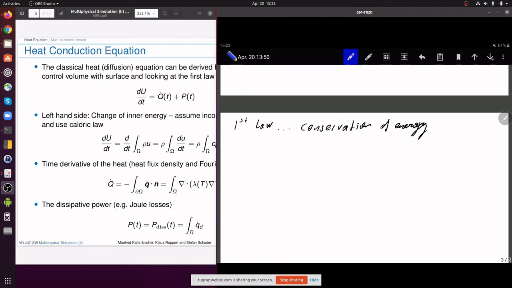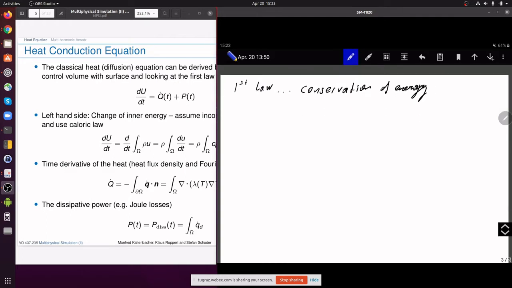And this conservation of energy can be written as delta U. So this U is the inner energy U. It's a state variable, so it only depends on the final and initial state.